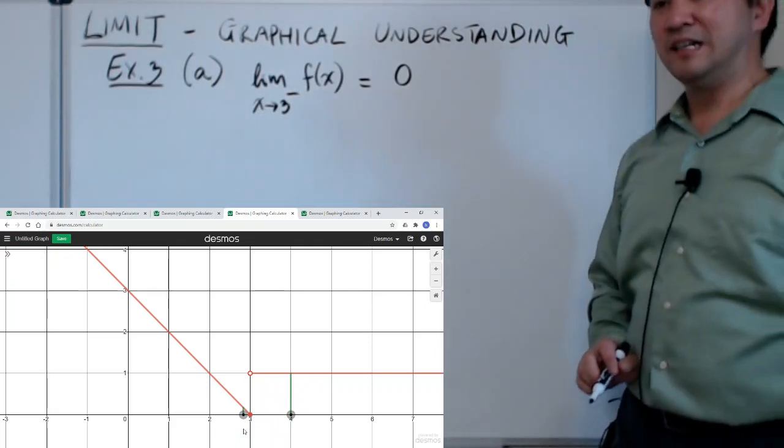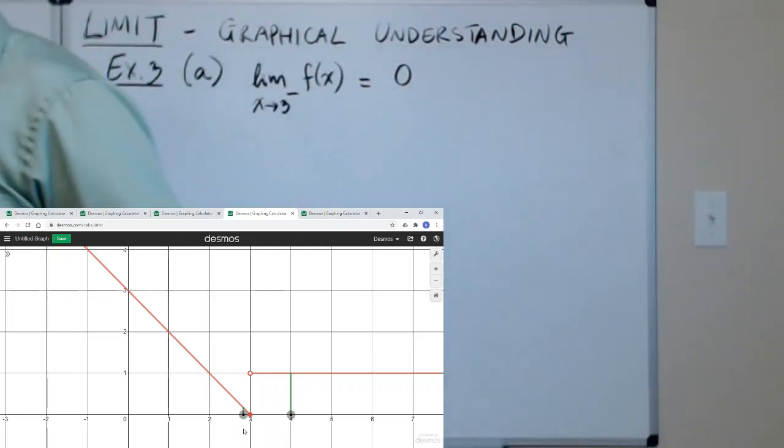Okay, and now let's investigate what's happening if we are coming closer to 3 from the right-hand side. So let me move this pointer further out. On the right-hand side, our piecewise function appears to be a constant flat line. I'm starting with x equals 4 here, to the right-hand side of 3, and now I'm getting closer to 3.